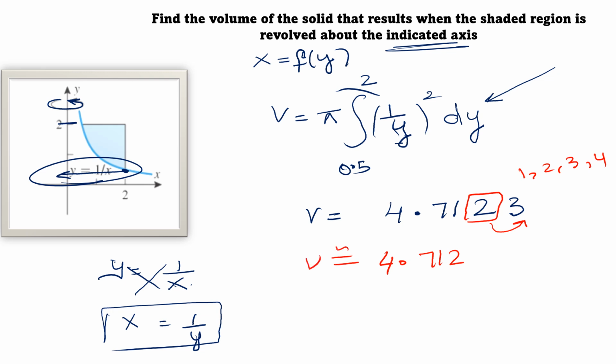If the last digit is 5 and above, then you add 1 to this one. That means it will become 4.713. I know that all of you know how to round off because we have studied these things in grade 4. Next question.